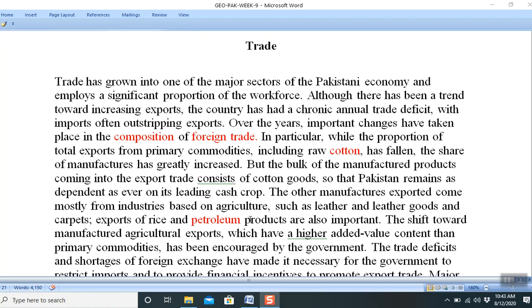In this concept, import and export become two major features to judge the economy of a country.